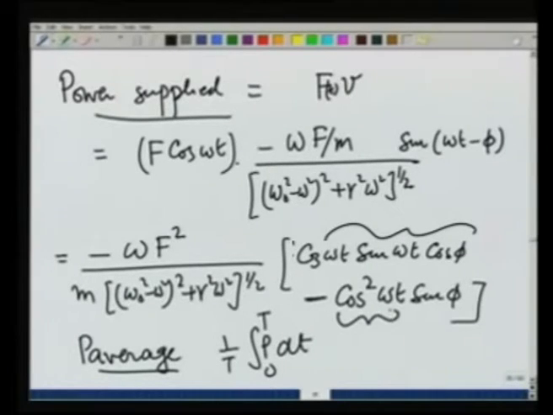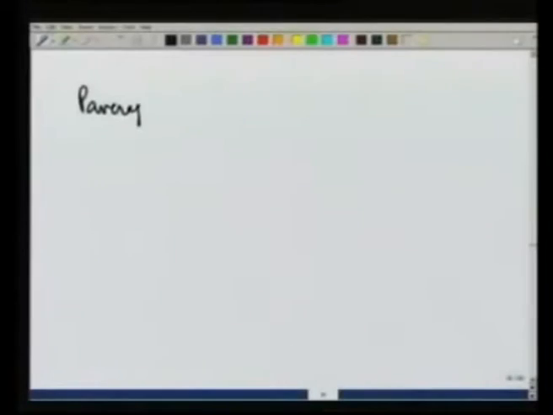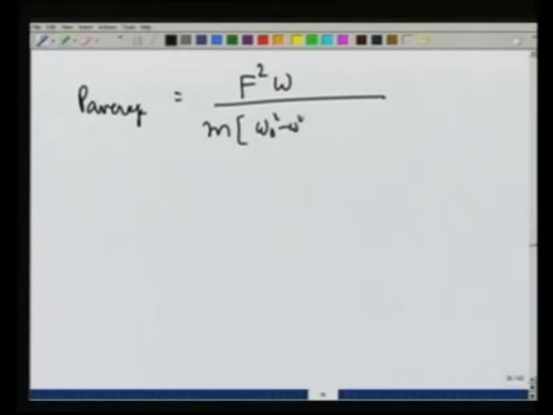Cosine square omega t integrated over a cycle is going to give me 1/2, and this minus sign takes care of the other minus sign, and therefore, average power supplied is going to come out to be f square omega over m times omega naught square minus omega square plus gamma square omega square raised to 1/2, times sine of phi. Sine of phi, you recall, is gamma omega divided by this quantity.